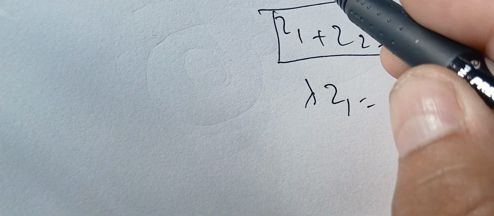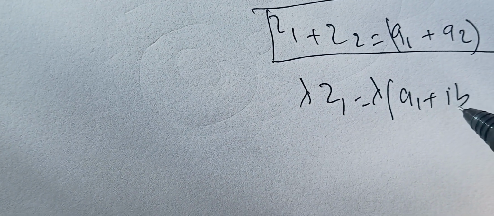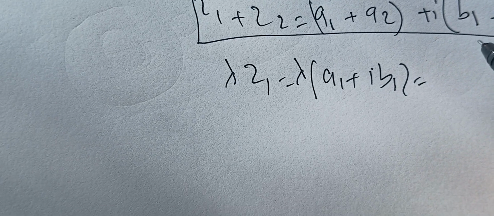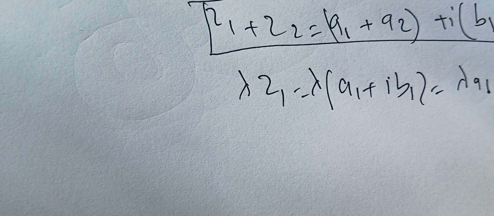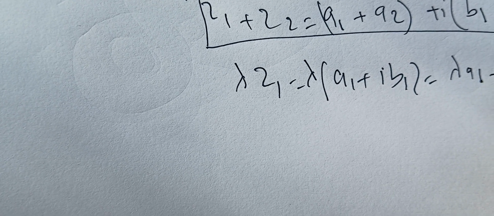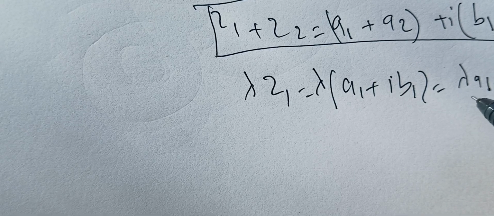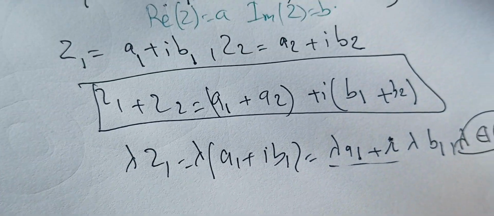So what we do is multiply the real part and the imaginary part by lambda. So lambda times (a1 plus i b1) is lambda a1 plus i lambda b1. To make it easy to learn, I put the lambda after the i. This lambda is real, so this is our notation.